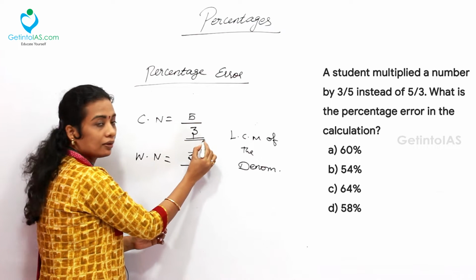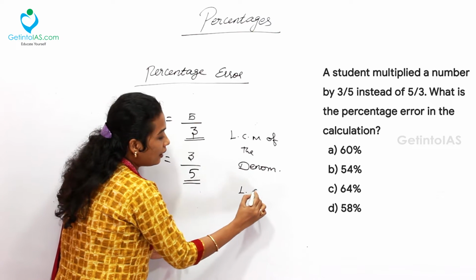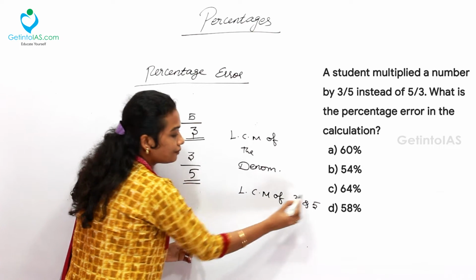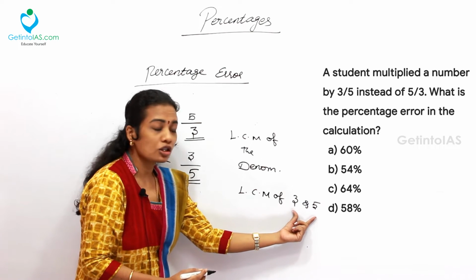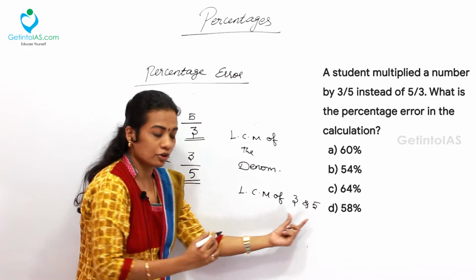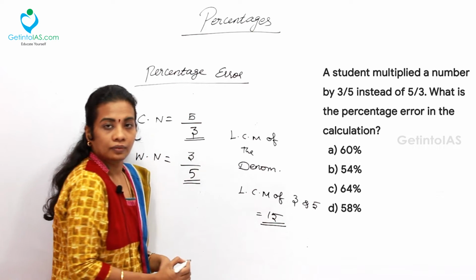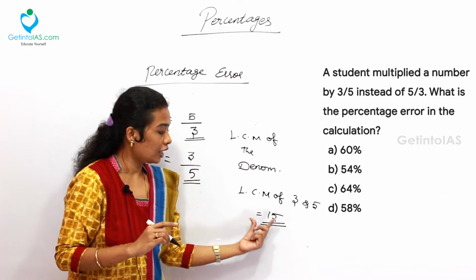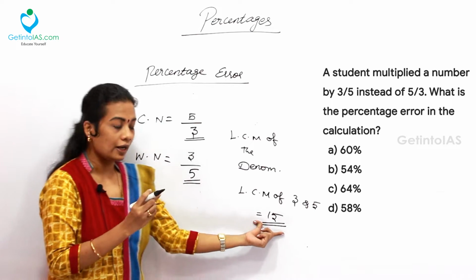The denominator of the first number is 3, the second number is 5. Take the LCM of 3 and 5. So the LCM of 3 and 5 is 15 because both of the numbers are prime numbers. The LCM of prime numbers will be the product of them. Keep this in mind and say 15 is the value for LCM.